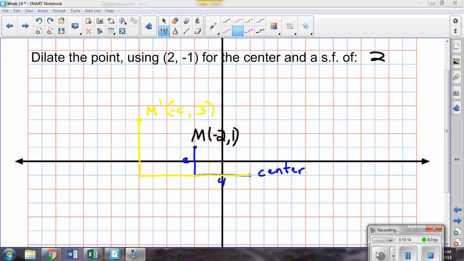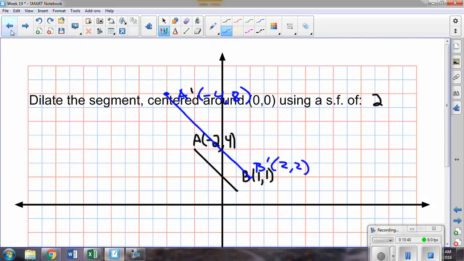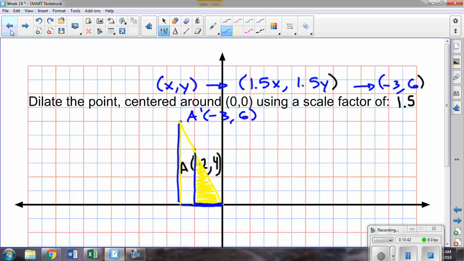Now, I'd like you to stop off for a second and consider our quick rule that we were using earlier of just doubling the numbers. Is it working here? No, because, well, think about why. Why doesn't that rule work anymore? Consider what we had before when we were focusing around the center.